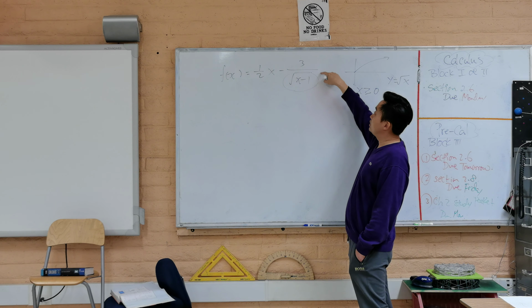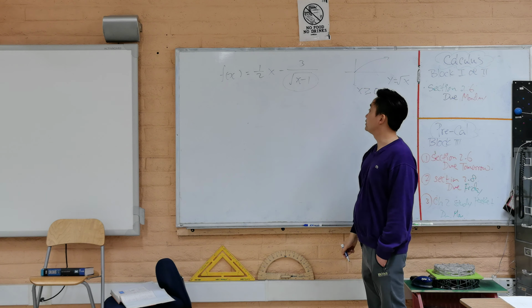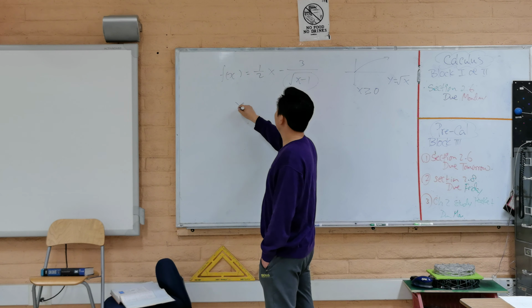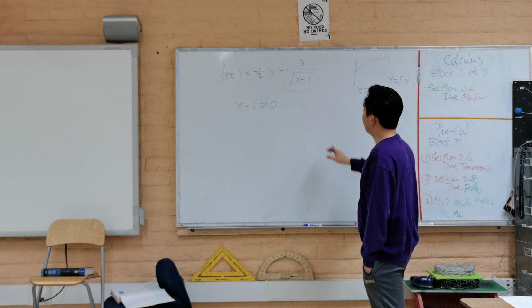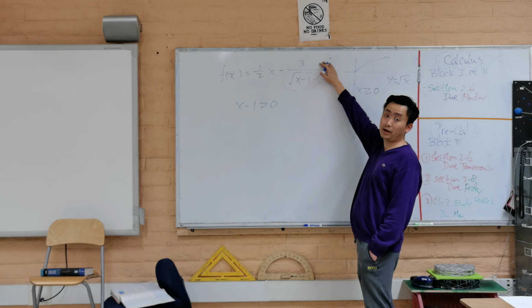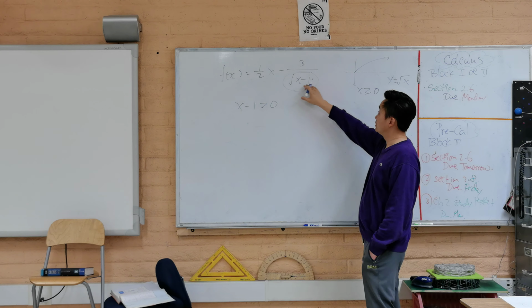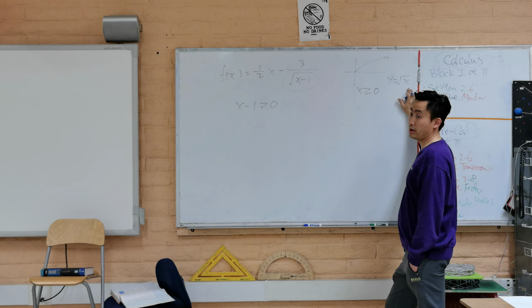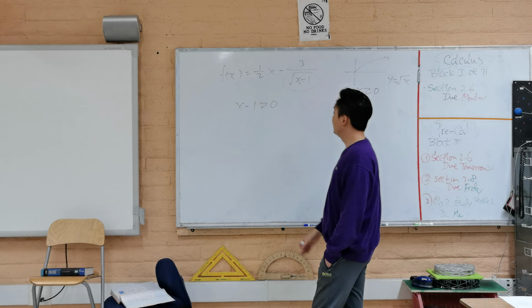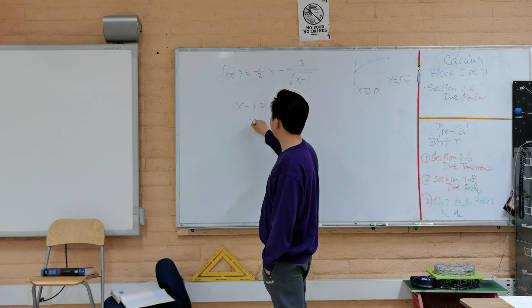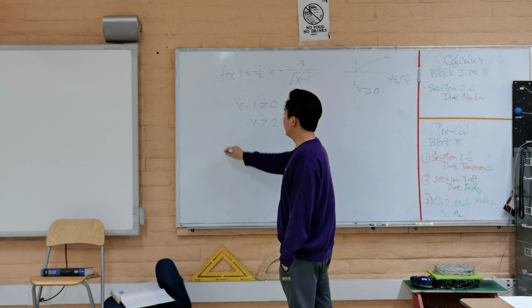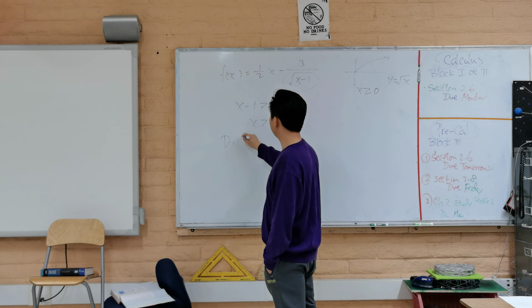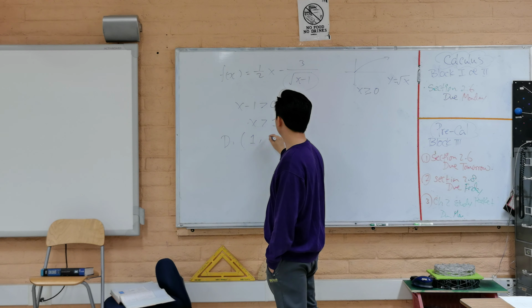The whole quantity here is under the denominator. So that means the radicand must be greater than 0. It cannot be 0 because then it will be undefined. Solving for x, that means x is greater than 1. And then rewrite it as the domain. This one goes all the way from 1 to infinity.